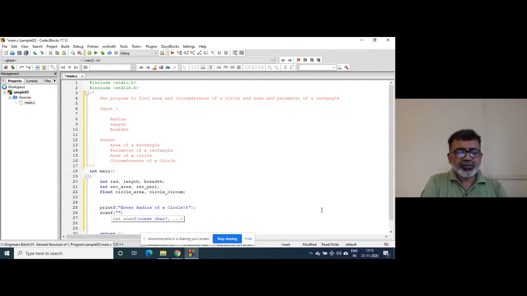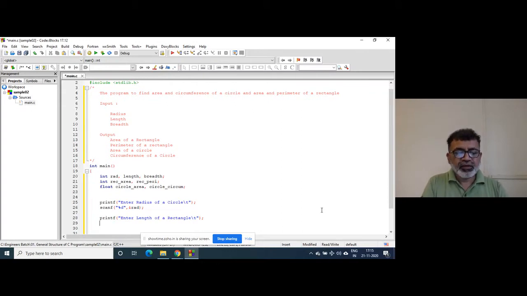Then scanf percent d and radius, right? Then printf enter length of a rectangle, slash t, scanf percent d and length, right?